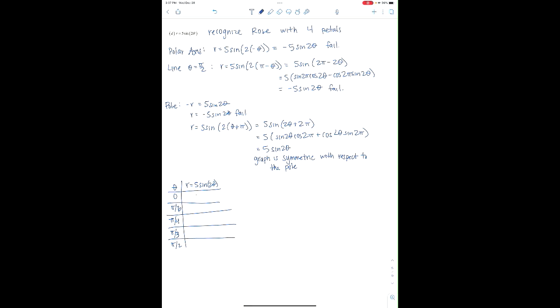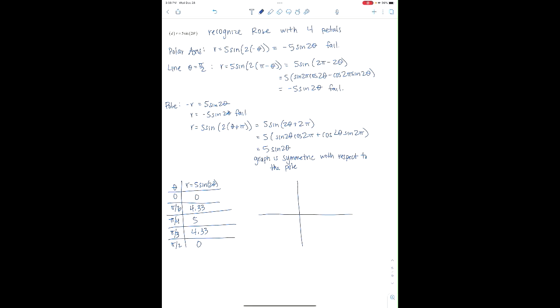So if we plug in 0, we get out 0. If we plug in pi over 6, that's a 4.33. If we plug in pi over 4, that's a 5. If we plug in pi over 3, 4.33. And pi over 2 gives us 0. So it's looping all the way back around to itself.